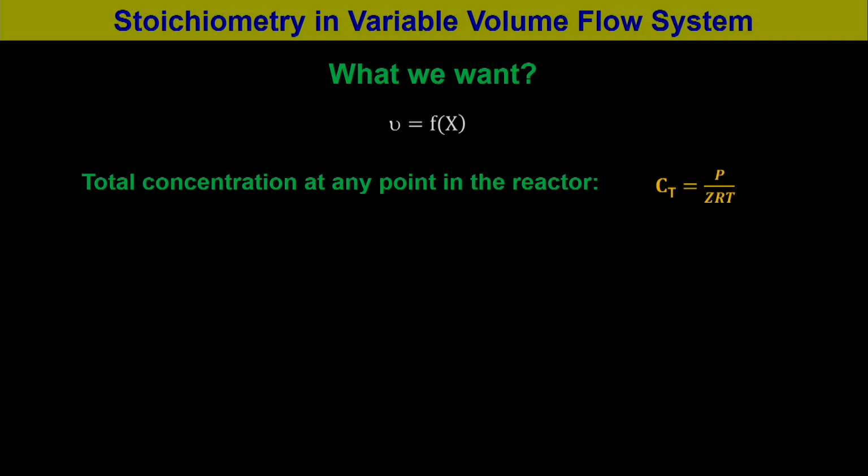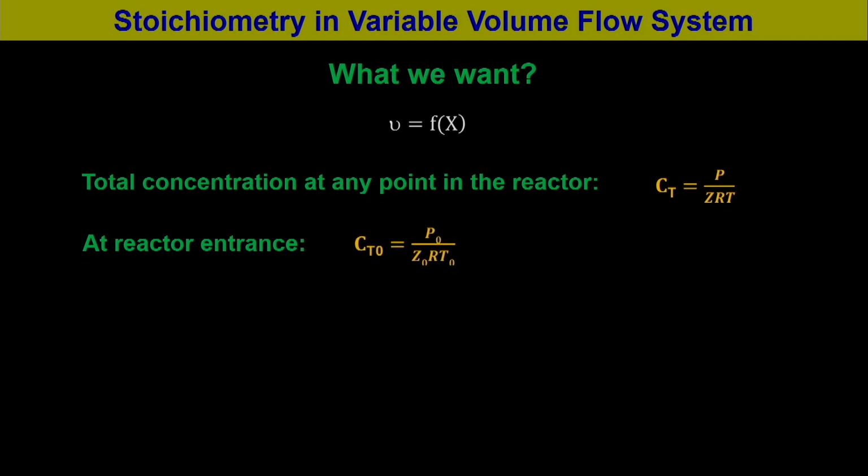So, the total concentration at any point in a reactor, we can write CT as P by Z R T. Now, for the same concentration at the reactor entrance, what would be the equation?